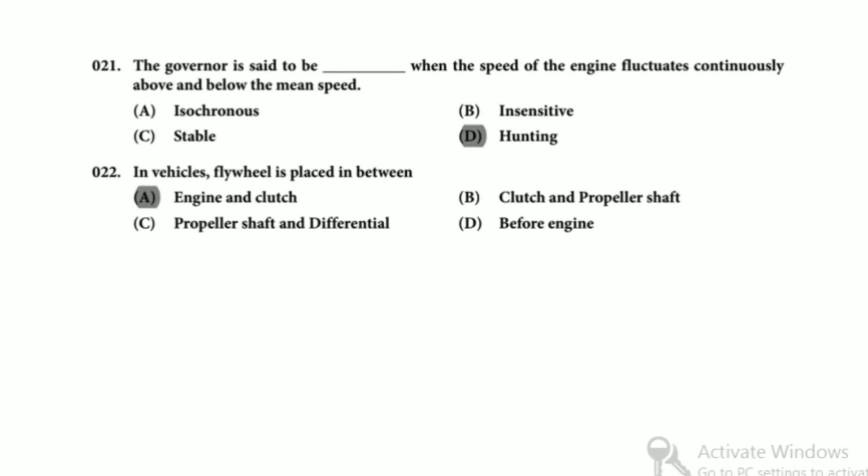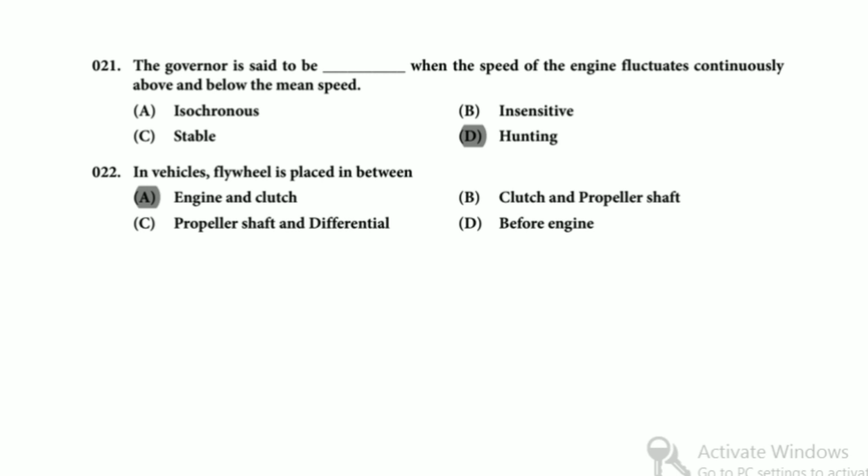Question number 21. The governor is said to be dash when the speed of the engine fluctuates continuously above and below the mean speed. If you know the definition, hunting is a result of too much sensitiveness of the governor, and it causes continuous fluctuation in the engine speed above and below the mean speed.